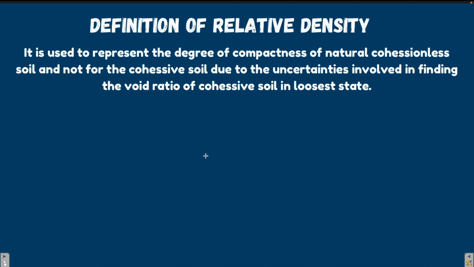Now another important point is that relative density is used for cohesion-less soil and not for cohesive soil. That means we can use relative density for sand or gravel, coarse grained sand, fine grained sand, but not for silt and clay.